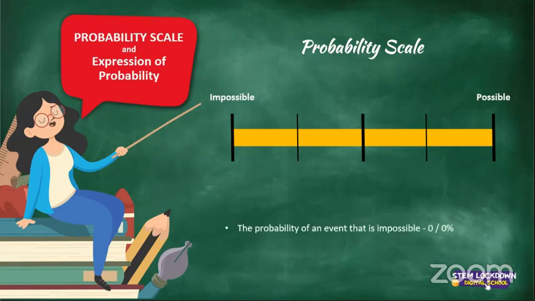So the probability of an event that is impossible, we represent by using a 0 or a 0%. Okay? Who can tell me what we use to represent the possible side?